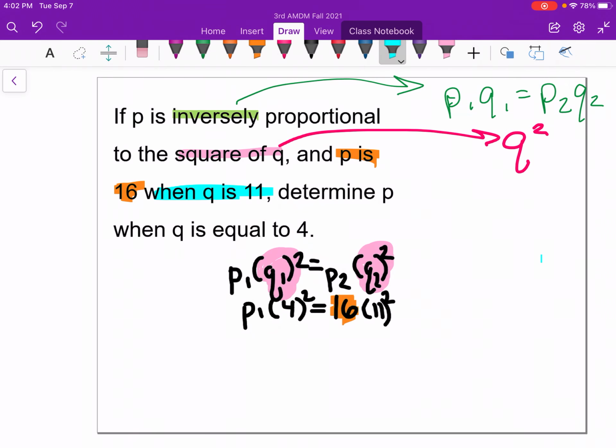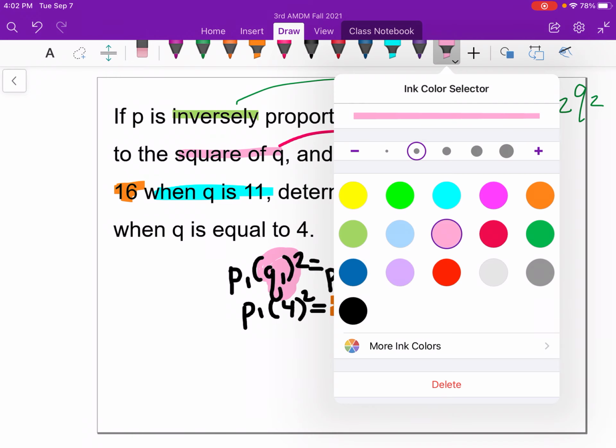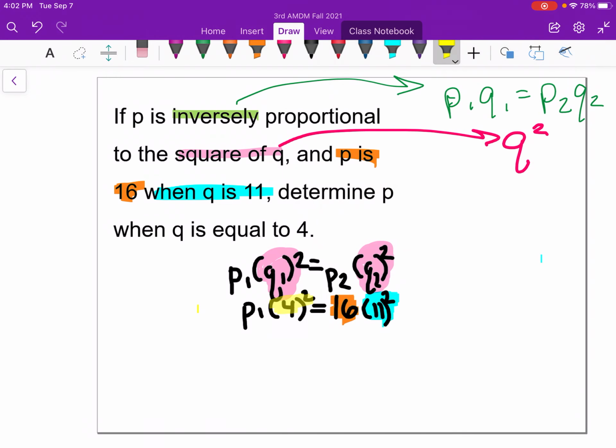So when q is 11, I changed that also to 11. Determine p when q is equal to 4. So then q is 4, and I'm going to solve for this.